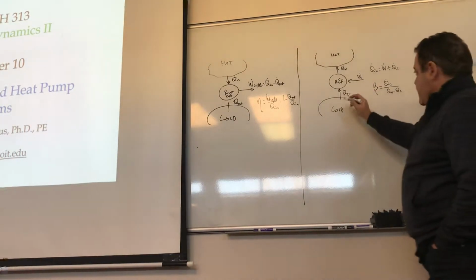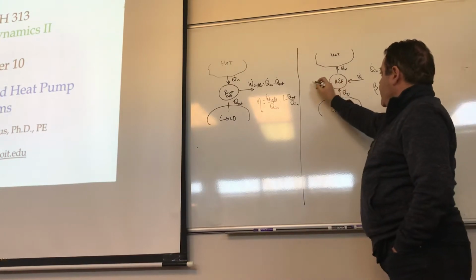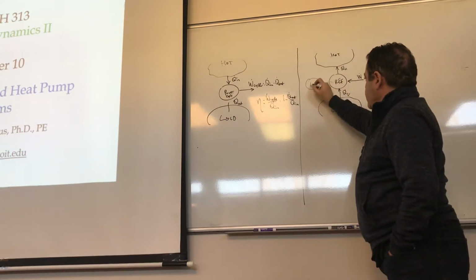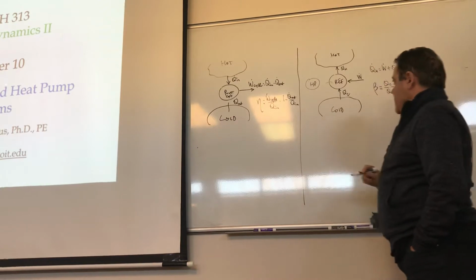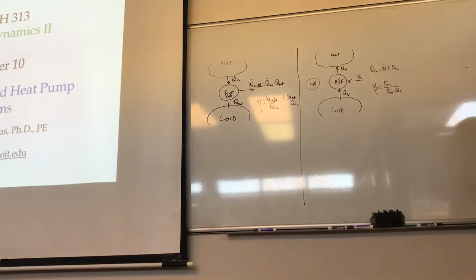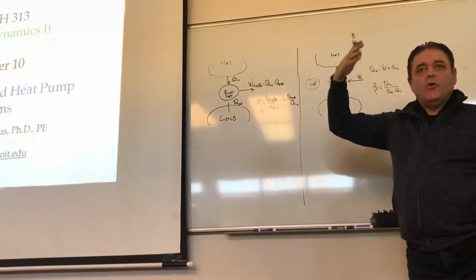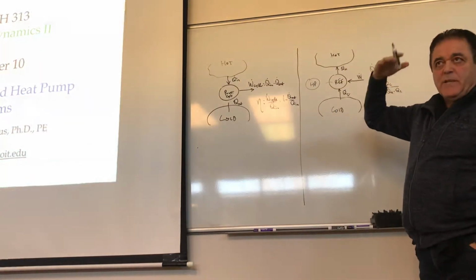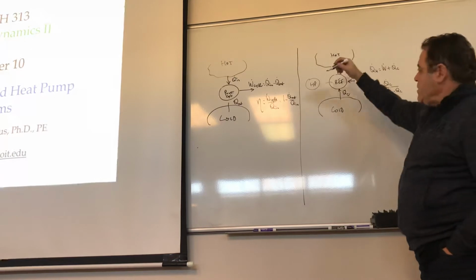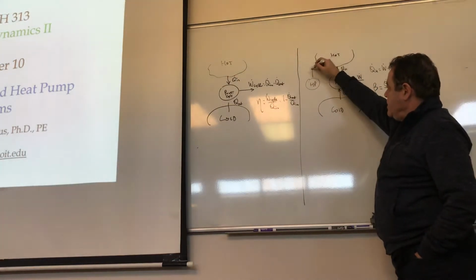Now, if this is a heat pump, again, what is the difference between a heat pump and a refrigerator? It's the same thing, right? It's just the goal. The goal of a heat pump is to heat up the system, right?